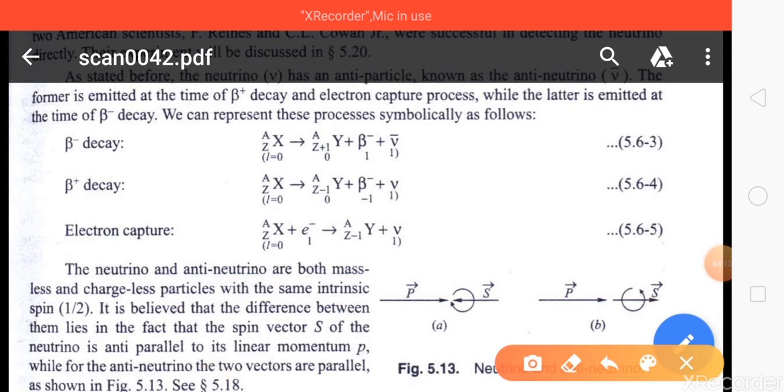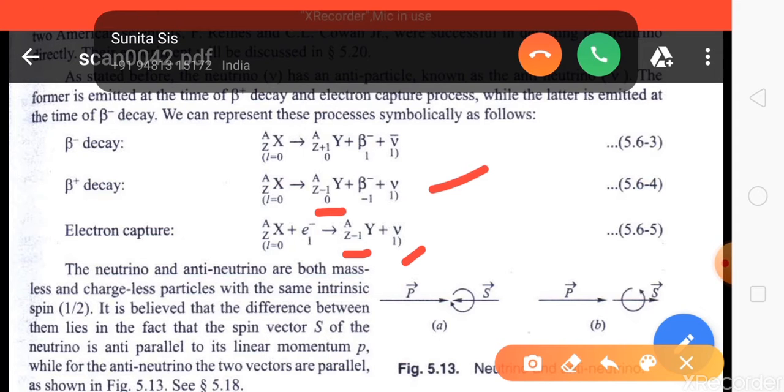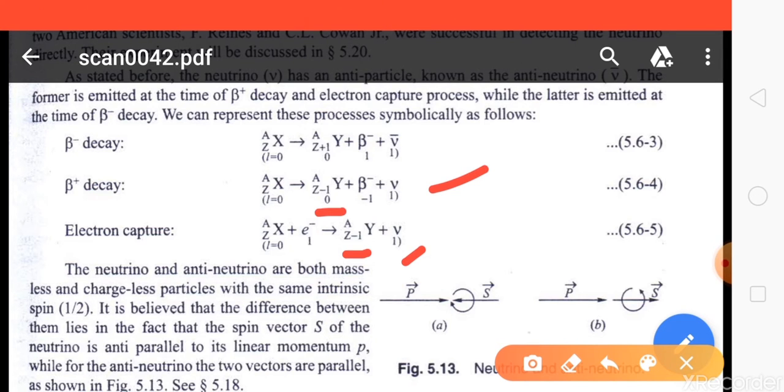And in beta positive decay, equation 5.64, here the Z is decreased by 1. Here a neutrino is emitted, and the beta positive decay process and electron capture process are similar in nature. Here also the Z is decreased by 1 and a neutrino particle is emitted. So during the beta positive decay and electron capture process, a neutrino is liberated, and in the beta negative decay process, the antineutrino is liberated.